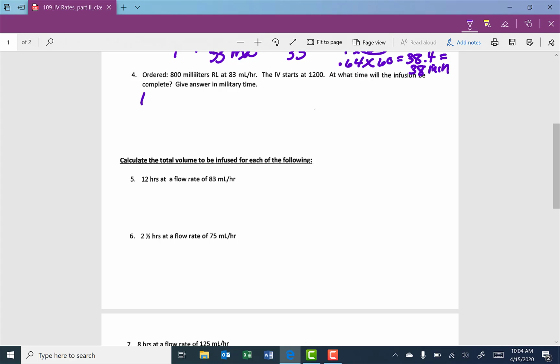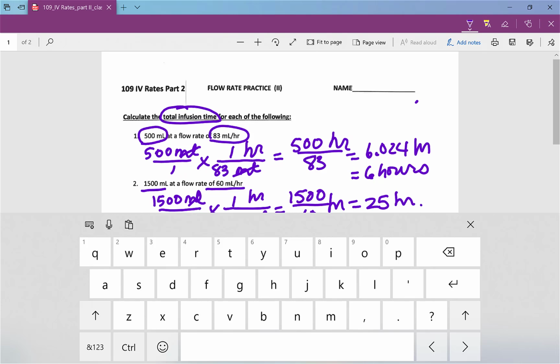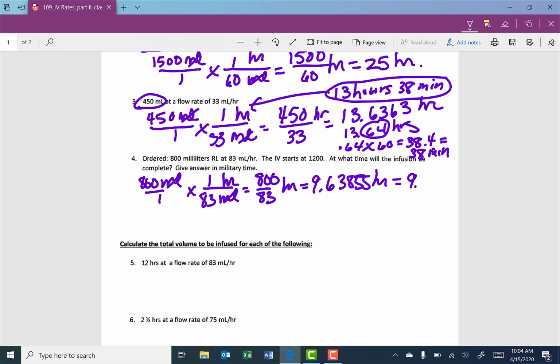So we have 800 milliliters over 1 times, milliliters has to go in the denominator, hours here, so we have 83 milliliters per 1 hour. Milliliters cancel, and you get 800 over 83 hours, which is 9.63855 hours, so rounded, 9.64 hours.